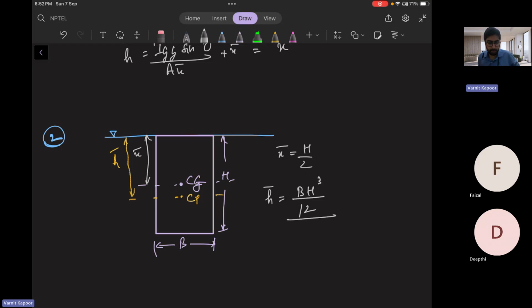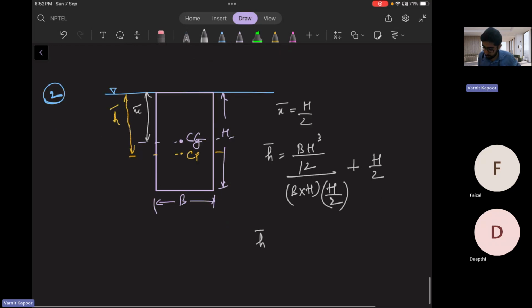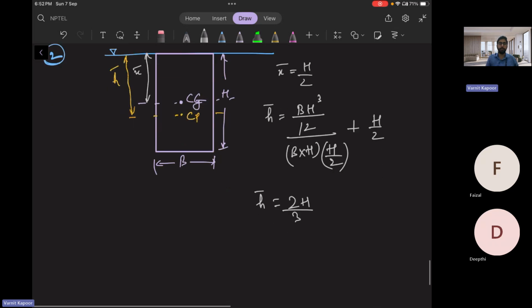Theta is 90. Sine square 90 is 1. Area of this plate is b into h. X bar is at H by 2 plus x bar is again at H by 2. So from here it will come out to be 2H by 3. So position is 2H by 3.